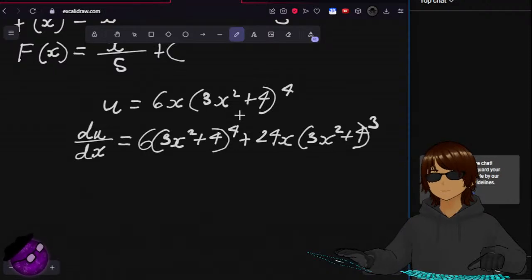The first is 6x times the derivative of the second.